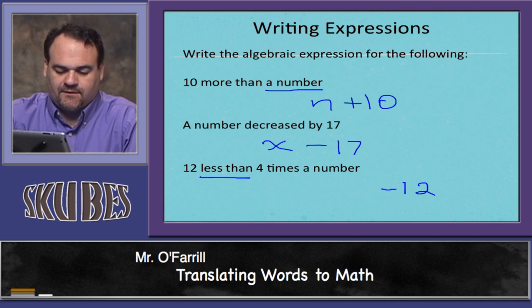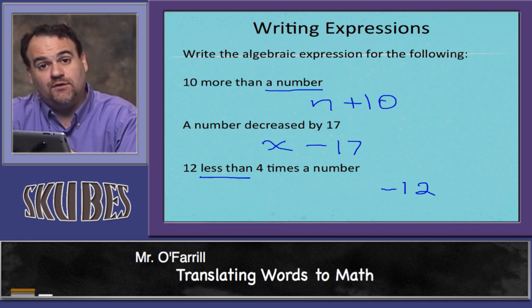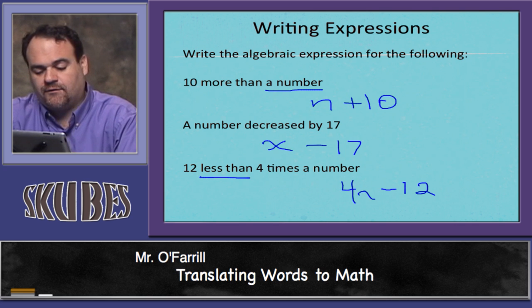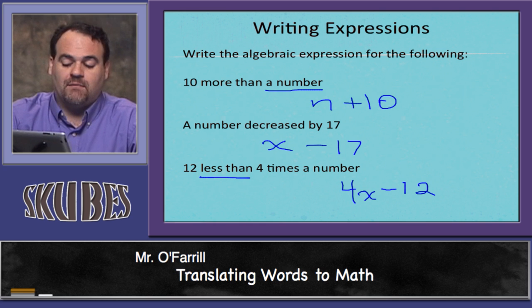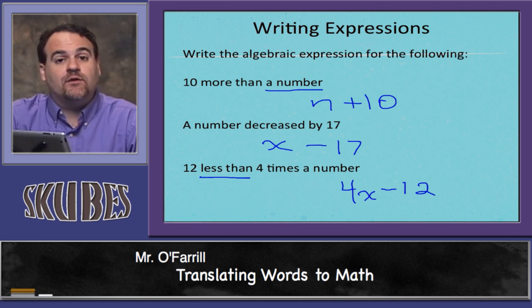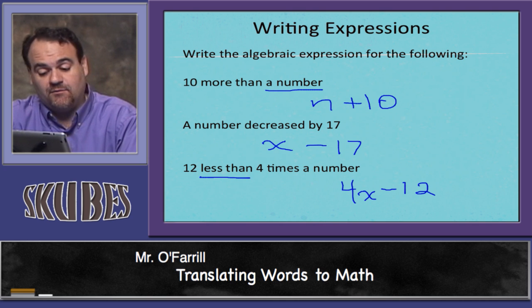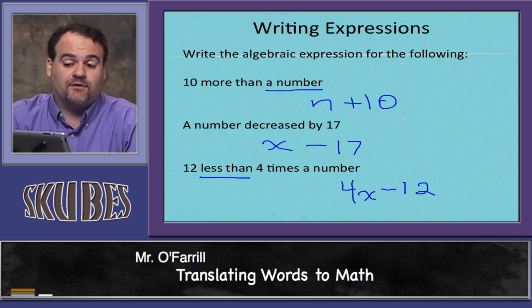Here at the beginning, we're going to need to put 4 times a number, which we can use a coefficient for, 4x, minus 12, or 4 times x minus 12. I don't need any parentheses because order of operations indicates that the multiplication should happen before the subtraction.